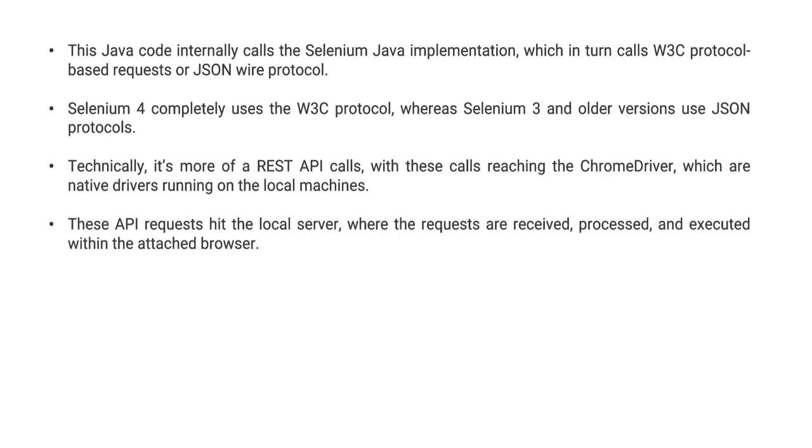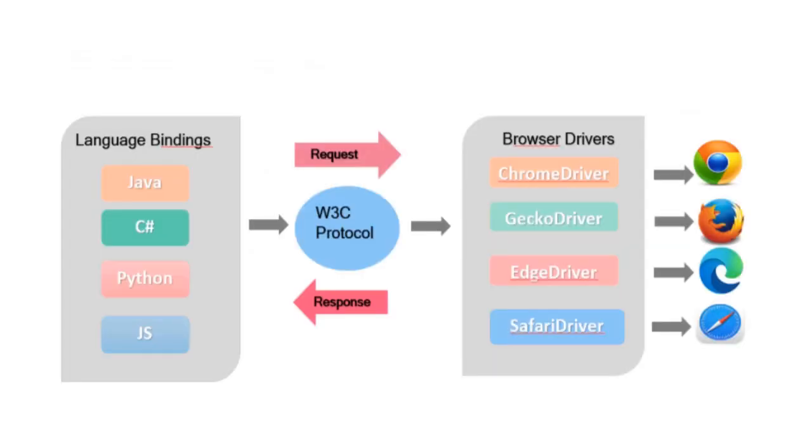So let's see it with the help of an example or the architecture. The language binding, this is what we initially spoke about. Language binding is nothing but the client library, where you have written your actual code. It can be Java, C Sharp, Python, JavaScript, whatever language Selenium WebDriver supports. So that is what you have written.